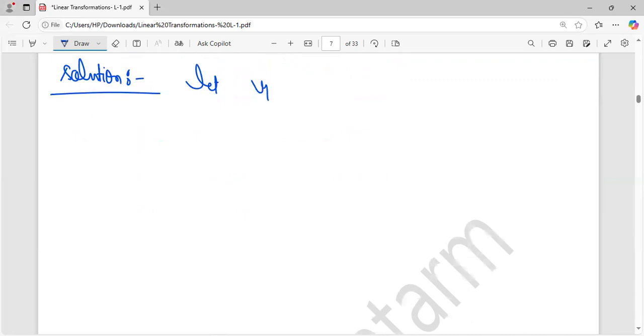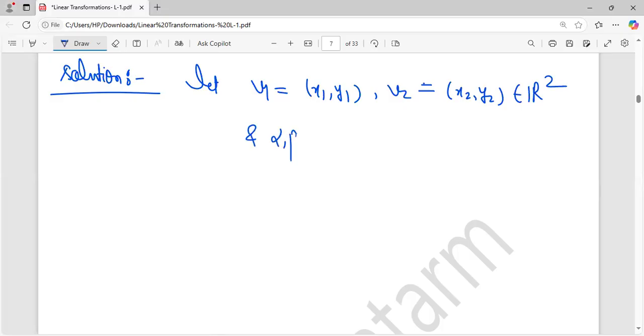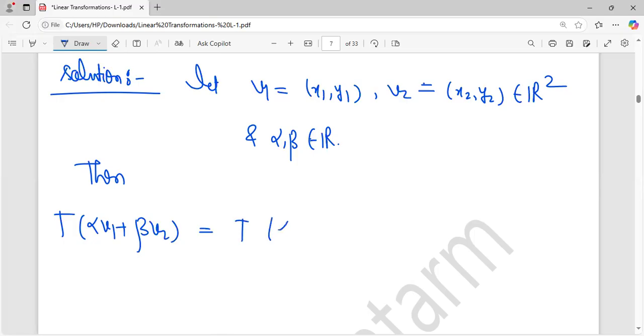Let v1 = (x1, y1) and v2 = (x2, y2) belong to R², and alpha, beta belong to R. Then T(alpha v1 + beta v2) = T(alpha x1 + beta x2, alpha y1 + beta y2).